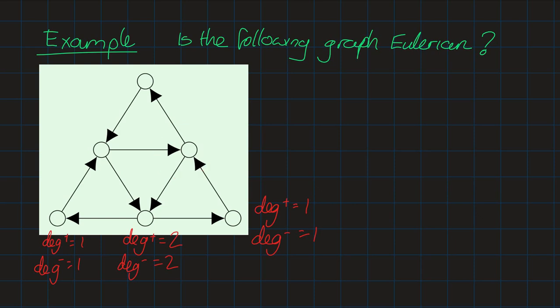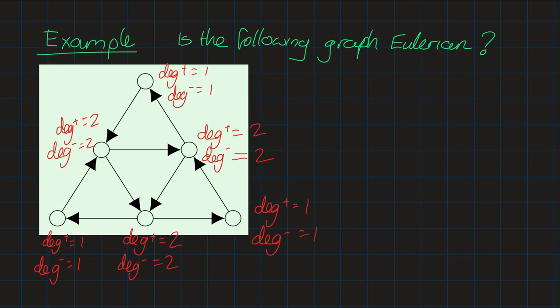This one here has deg plus, I see 1, 2, so that's equal to 2, and deg minus, I see 1, 2, that's also equal to 2. This one here has deg plus equal to 2, and deg minus equal to 2, and this top one up here has deg plus equal to 1, and deg minus equal to 1.